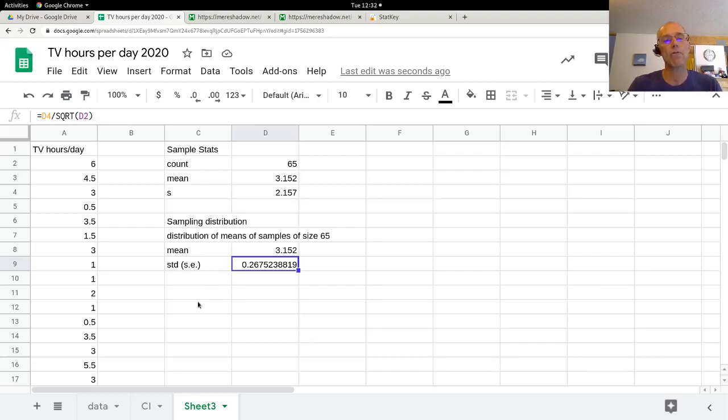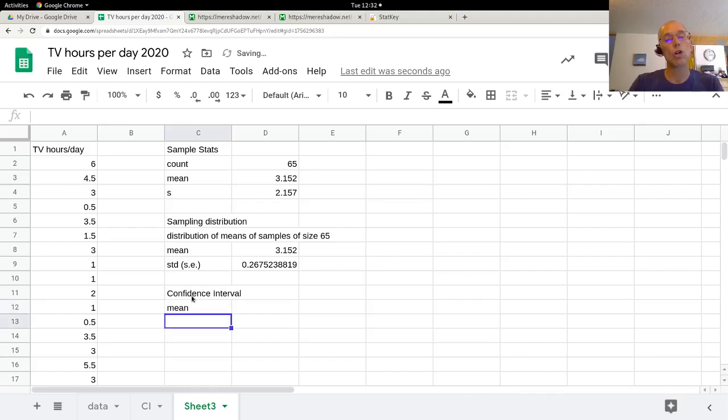Once I have that information, then I can go make a confidence interval. For the confidence interval, I need to know the center of the confidence interval, so that means I need the mean again.